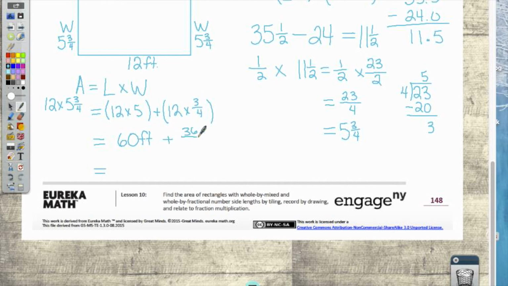So 36/4. So what do I have to do now? I'll better pull a stick, huh? Cheney, what do I do now? Long division. What's my long division problem? Oh, I think I can do that in my head. What is it? 9. So this is 60 feet plus 9 feet equals 69 feet squared.